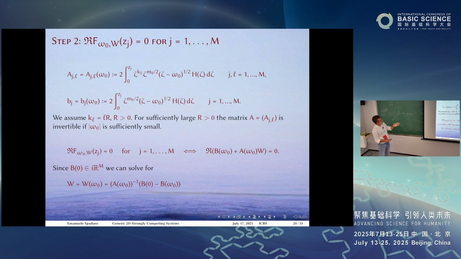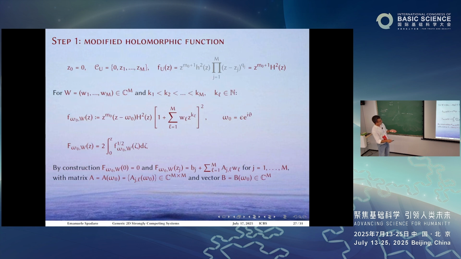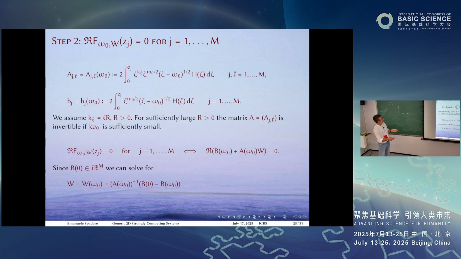And what we can prove is that if we choose this power of z, where remember these kl are free parameters here, we choose this kl as a multiple times a big R, so L times R. If R is very large, this matrix is a matrix made of oscillating integrals.